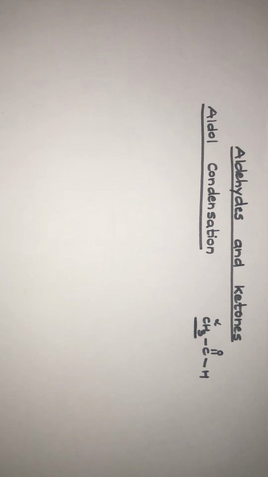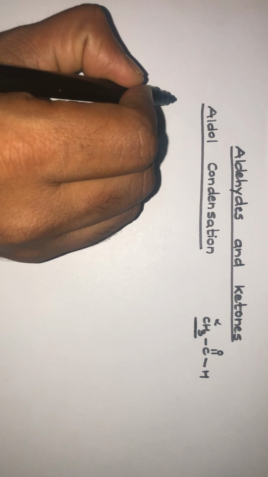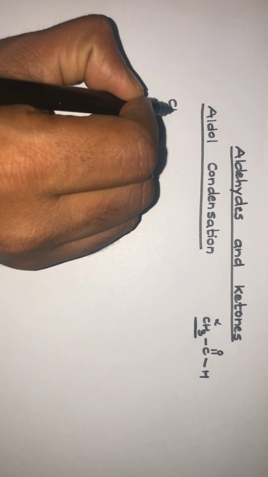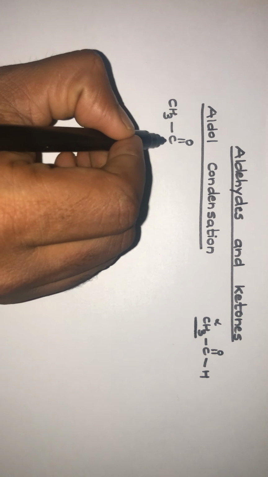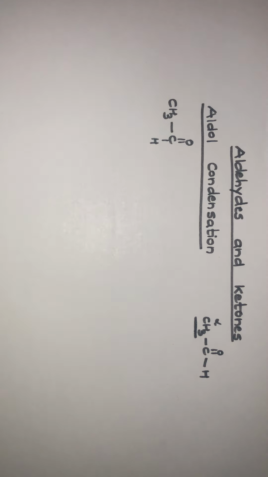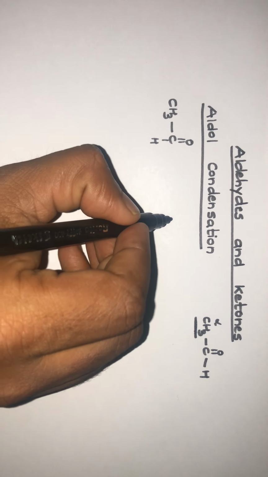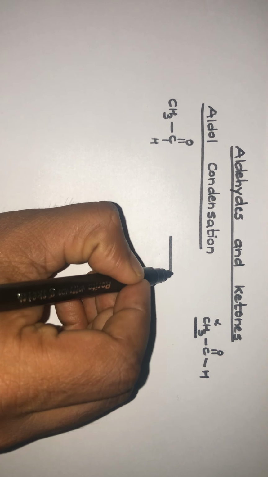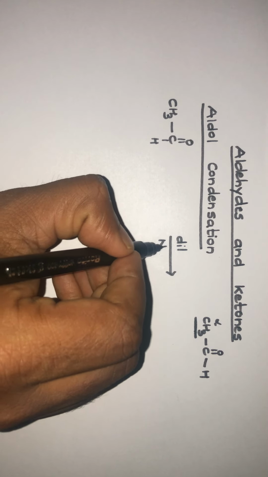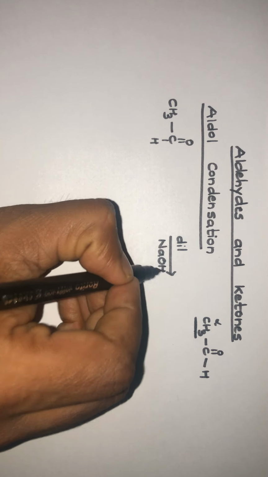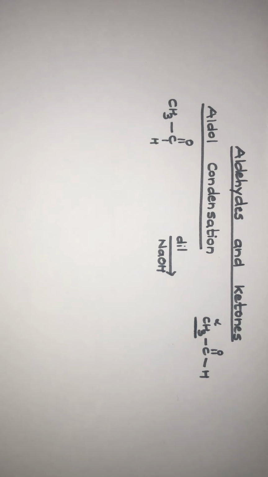Now, let's take an example of acetaldehyde only. So acetaldehyde, when treated with dilute alkali, dilute NaOH, undergoes aldol condensation.